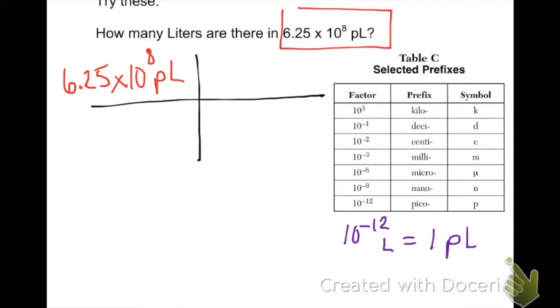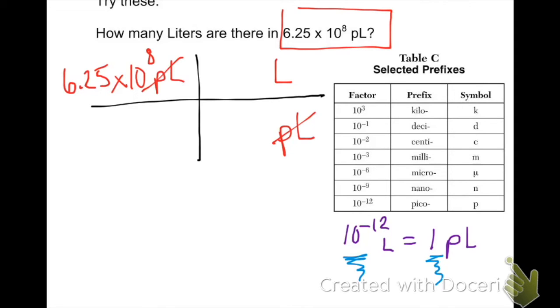We then write the units that we're trying to cancel out. So the units that are given to us, we write those same units in the bottom right so they can cancel. We then write the units that we're trying to convert to in the upper right. And then last but not least, we're going to write the values that we find in front of those units for our conversion factor on our table.